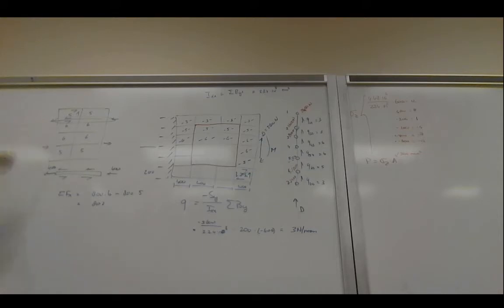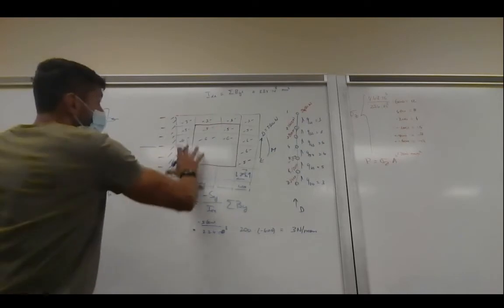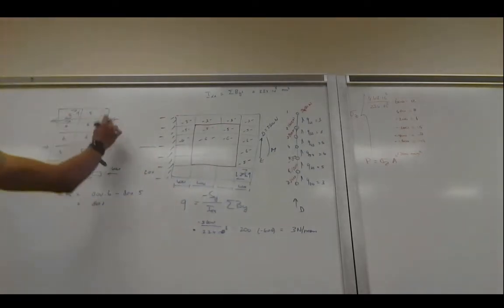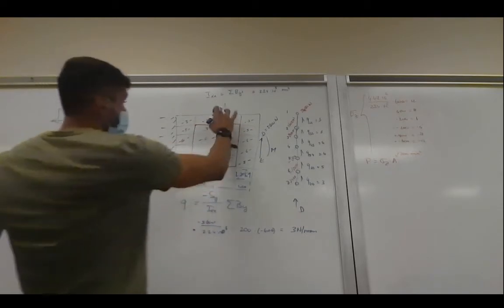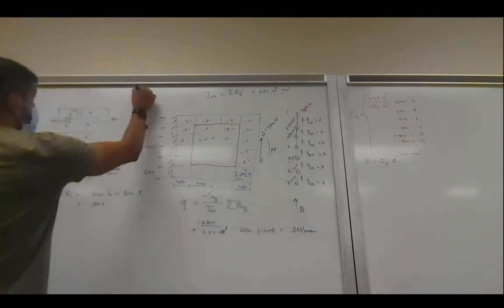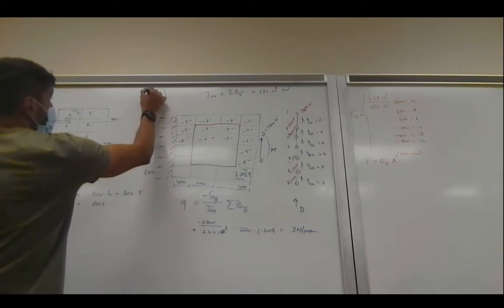But part C, what you then do is, now you know to get this 0, you have to apply a negative force. And then you do again a similar thing. Well, now you're looking at, because this is double symmetric, you can look at 1/4. So you have basically these two panels. This is the tree.